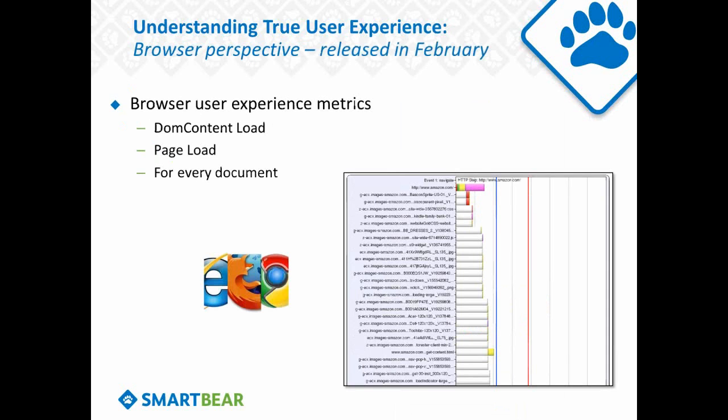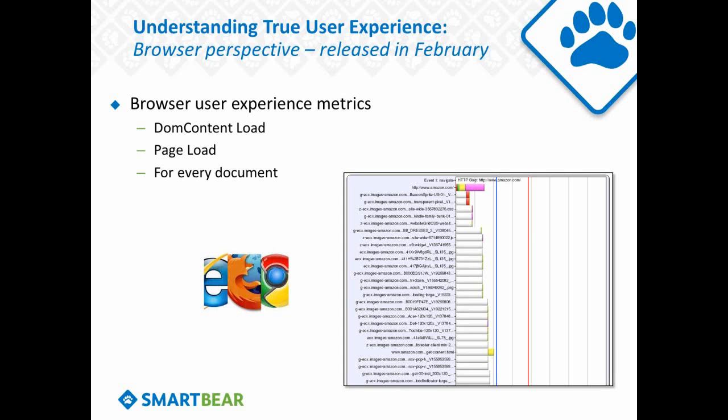So one aspect is new metrics that we already released to customer accounts in February. If you're monitoring with DataClick, if you're monitoring in IE or Firefox today, you're getting some or all of these metrics. Internet Explorer doesn't give the DOM content load metric currently, but we've found a way to latch it, and we'll be adding it to the accounts shortly.